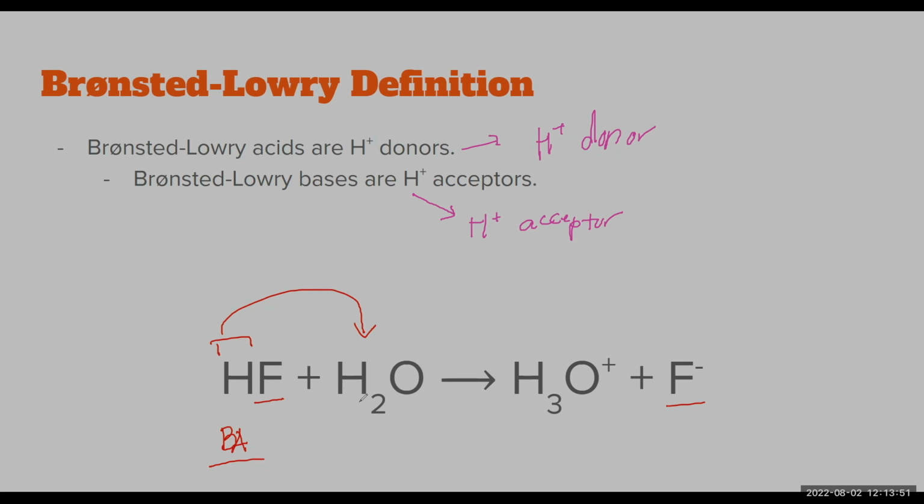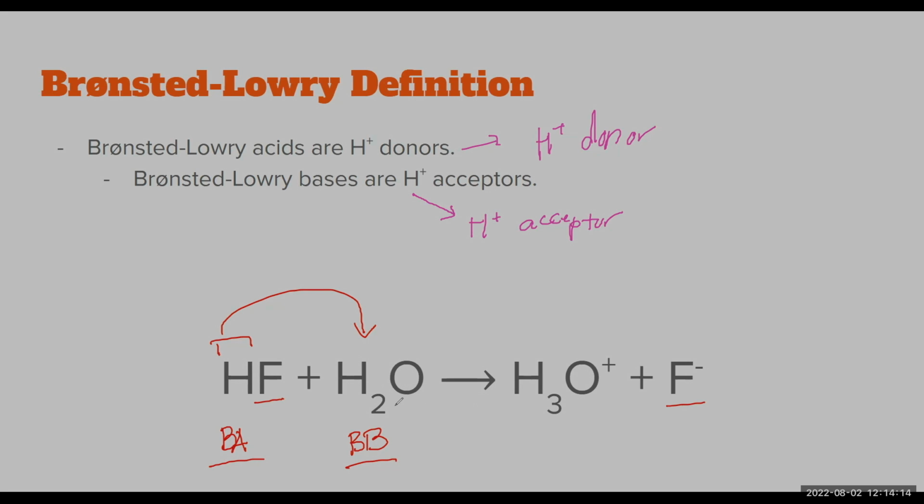Now, on the other hand, we have H2O. H2O is going to be our Bronsted-Lowry base. So I'm going to write it as BB. And it is going to be the Bronsted-Lowry base because if we compare the starting material and the product, we will have noticed that the water is going to have accepted one of the H plus ions.